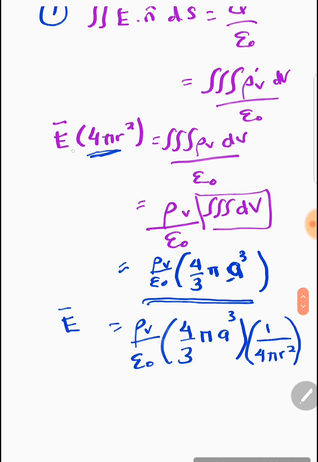We're talking about the region enclosed by the surface, so in this case, that will be A as well.